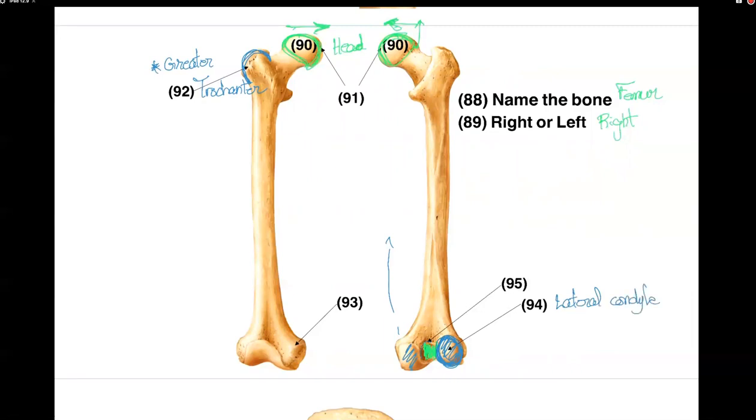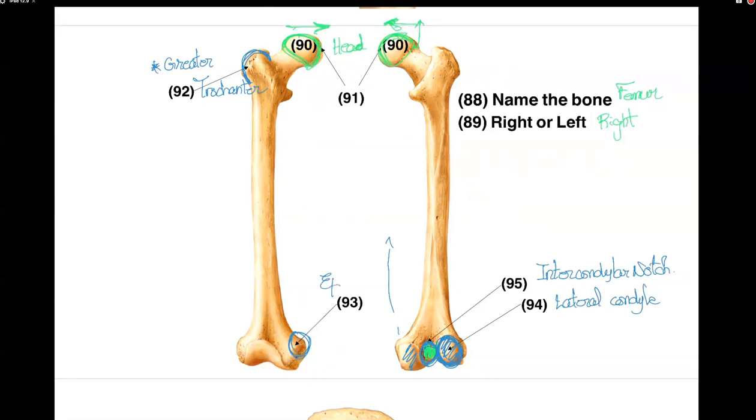How about the space located between the two condyles? What do we call this? It's my intercondylar notch, or in some textbooks they would say it's an intercondylar fossa. All right, what do we call this bony eminence above the condyles?